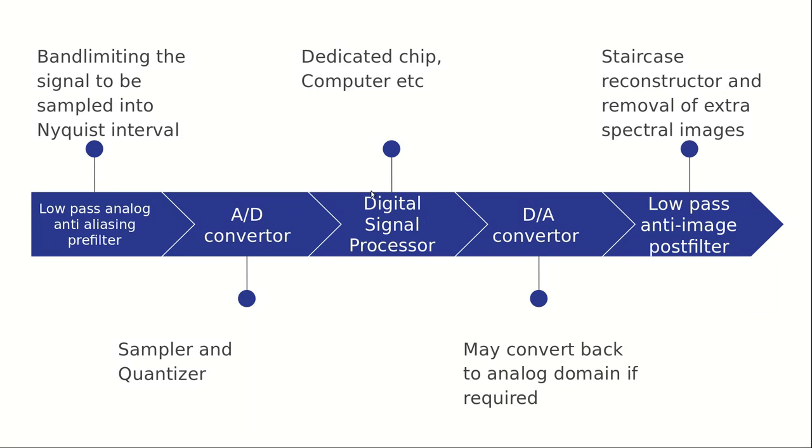Then of course you have a DSP, which could be a dedicated chip or a computer which is mimicking the function of a DSP. And then you could have a DA converter, which would help you convert back the digital signal to analog domain. And then we have a low-pass anti-image post filter with a staircase reconstructor or an ideal reconstructor. So first we reconstruct the digital samples, and then remove the extra spectral images to get the input which we have given.